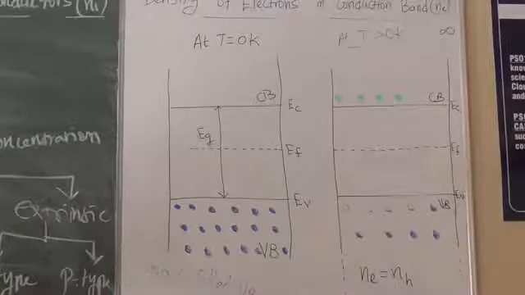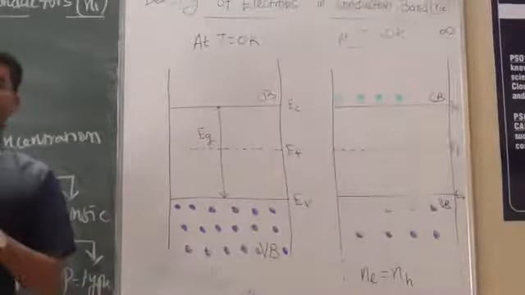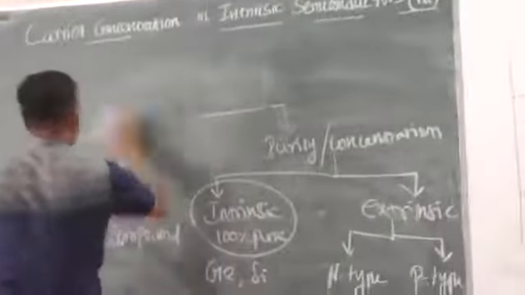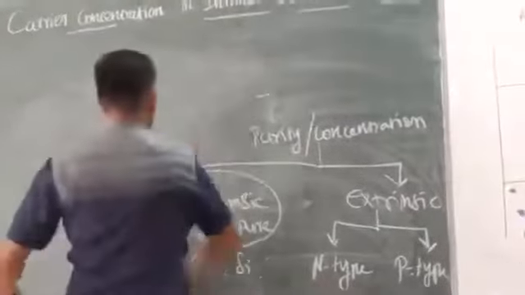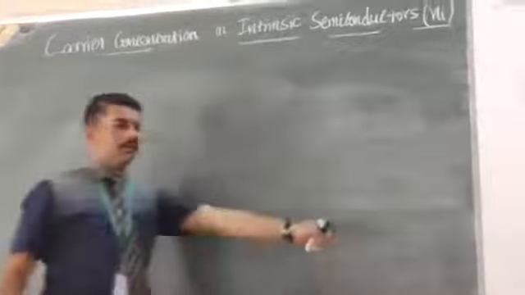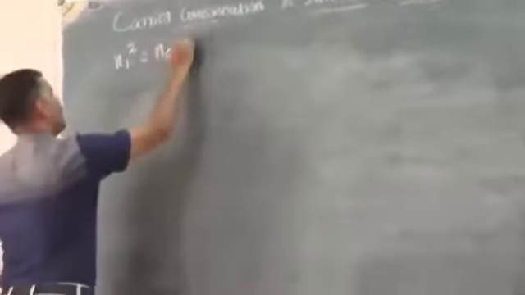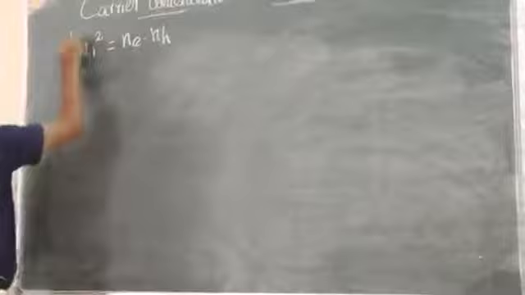By using this concept, we are going to calculate the carrier concentration value for an intrinsic semiconductor. The symbol of carrier concentration is Ni, and we know that under thermal equilibrium conditions, the number of electrons equals the number of holes in the valence band. And carrier concentration Ni squared equals Ne times Nh.